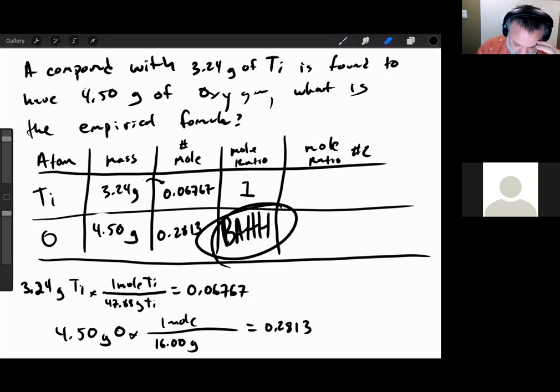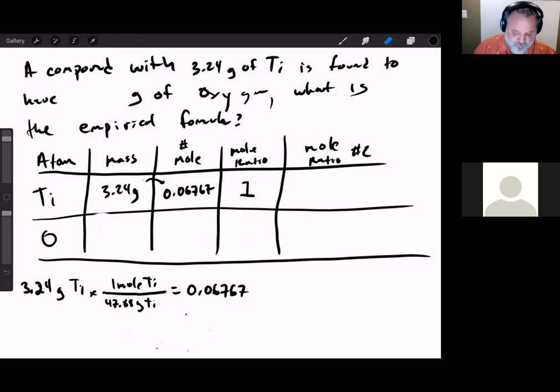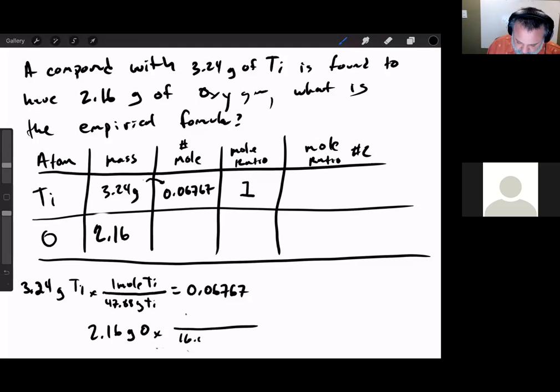And so let me erase this. Let's go back and put the right value there. Let me lean a little closer. It's 2.16. So 2.16 grams of oxygen divided by 16.00 grams of oxygen, or 1 mole.